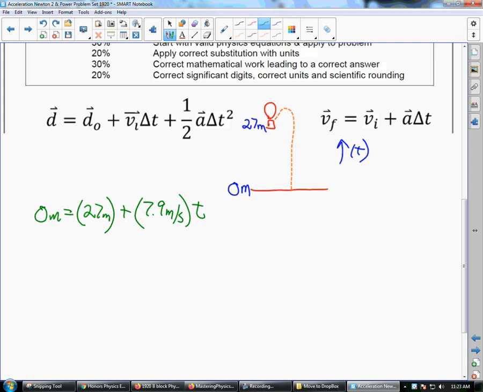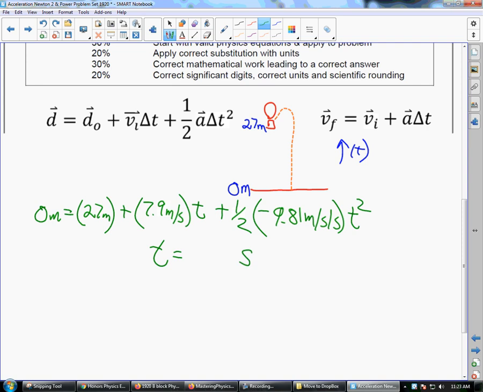I don't know how long it moved for. I'm dropping the delta just to make my life easier. Plus 1/2. Which direction is it accelerating in? The negative, down. Negative 9.81 meters per second squared, t squared. It looks scary, but just solve for t. You only have one variable. And it will be in seconds.